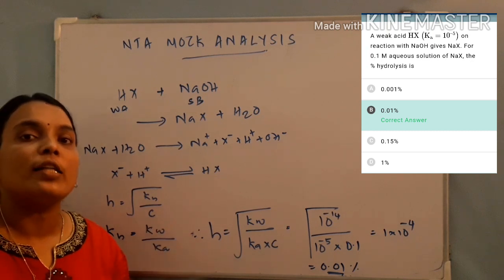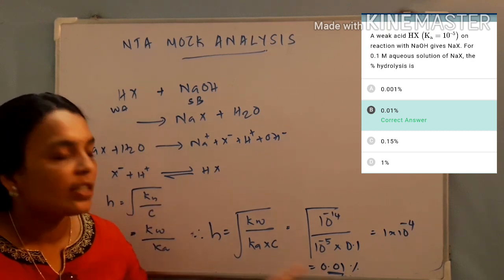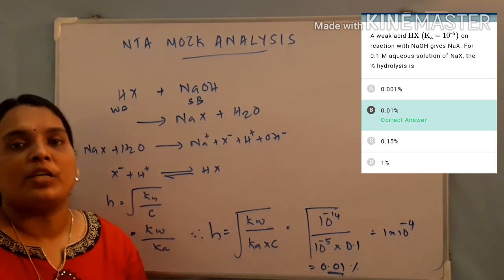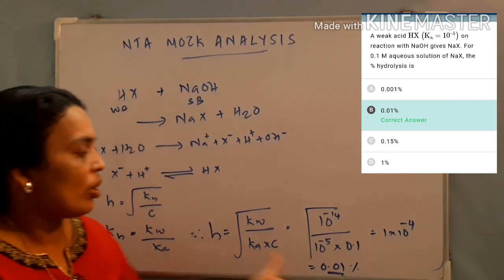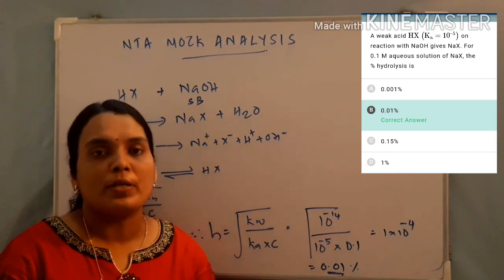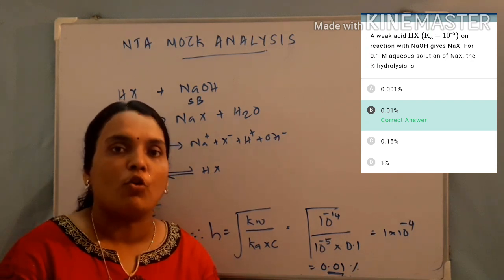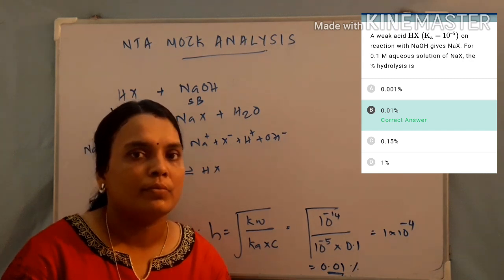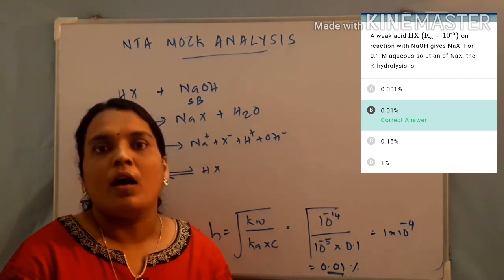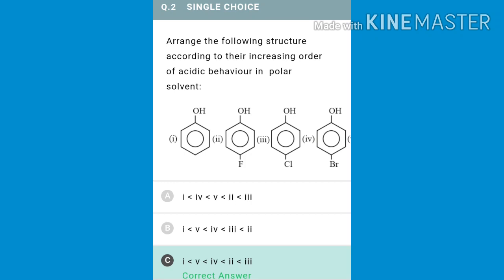We want to calculate the percentage, so into 100, we have 0.01 percent. So h is equal to 0.01 percent, the percentage of hydrolysis. Clear? Okay. Come to the next question.